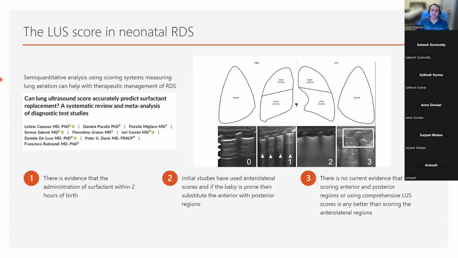So I think this is the most important point that I wanted to make. The concept of the European guidelines on RDS, talking about the use of an FiO2 of more than 0.3 under 28 weeks and an FiO2 of more than 0.4 after 28 weeks, has come from early studies like the COIN trial. These were not randomized controlled trials looking at different cutoffs for FiO2 to determine whether surfactant was necessary.